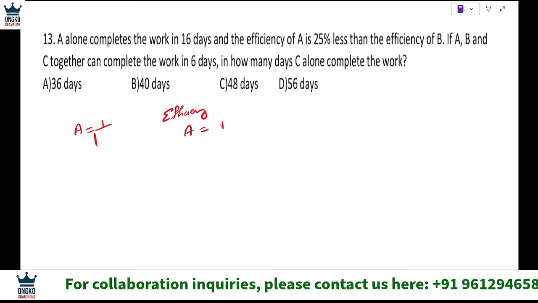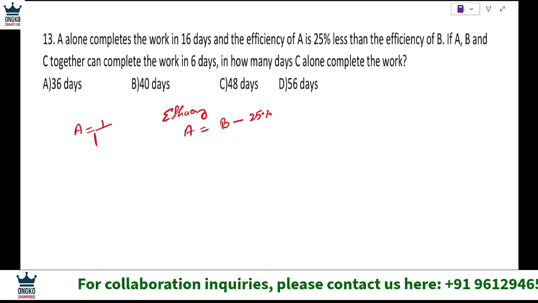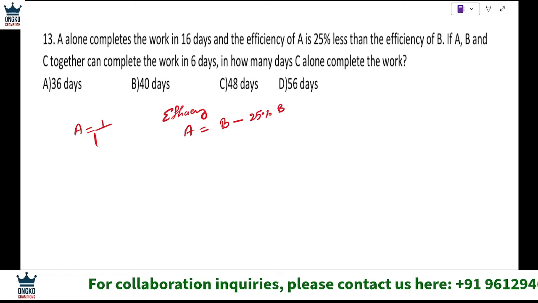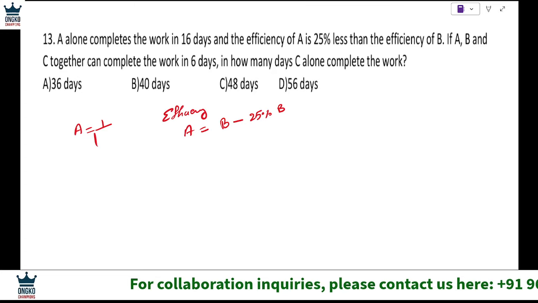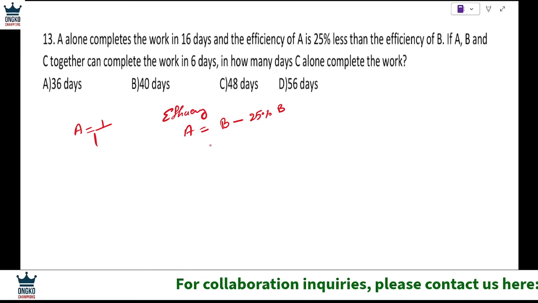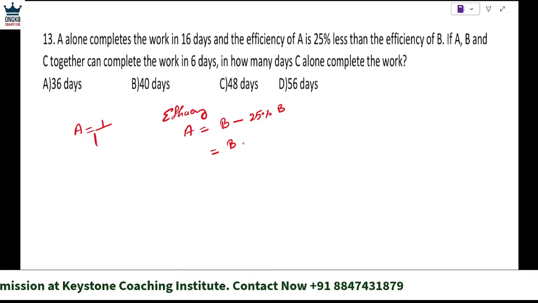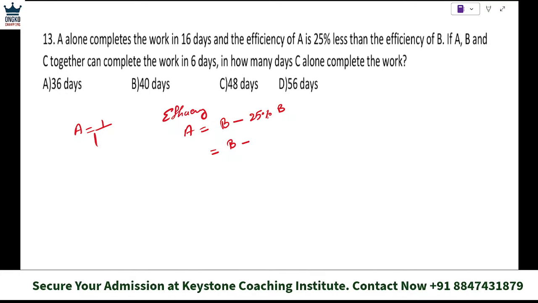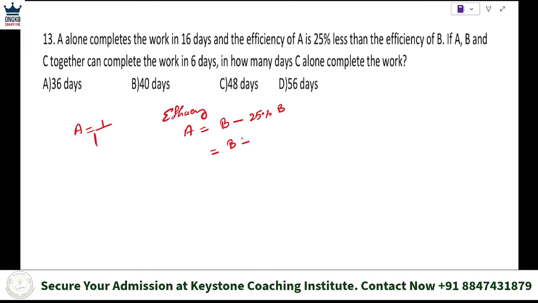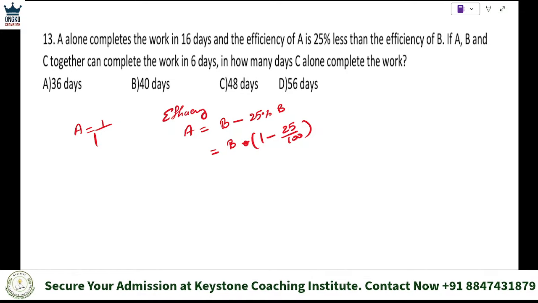So efficiency of A is efficiency of B minus 25% of B. Let's take B common: 1 minus 25 by 100, since percent means 25 by 100.